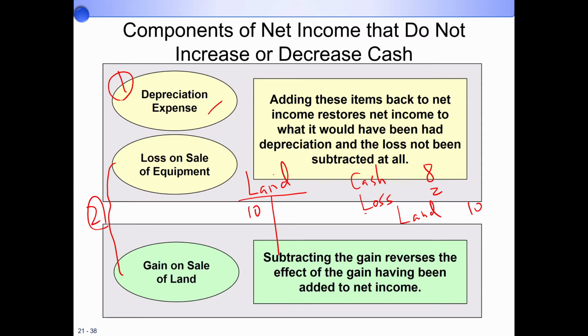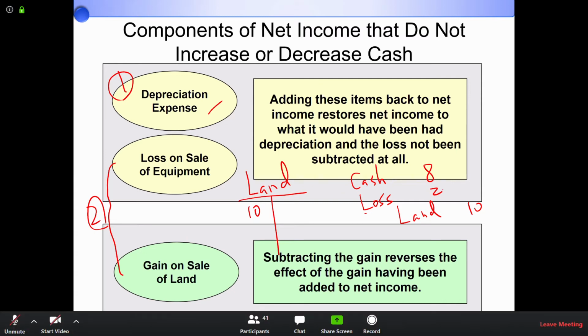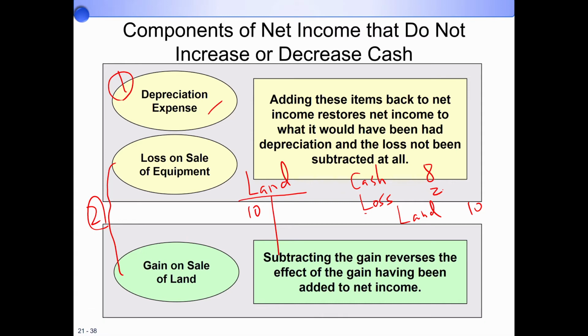This loss will be subtracted in the income statement, so the loss is one of the expenses. When we calculate net income, you need to subtract the loss.